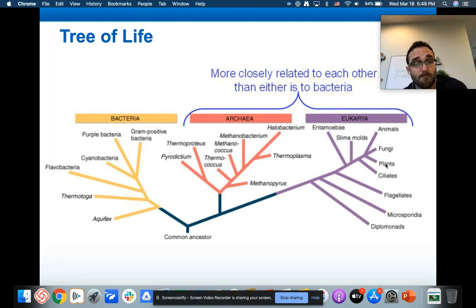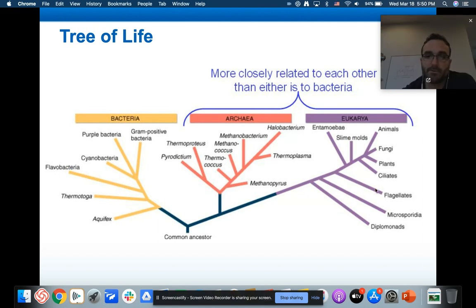Remember, the plant-like ones most likely had organelles such as chloroplasts, and they were able to photosynthesize. And then animals is right here. So here are our four kingdoms. Remember, we have protists, animals, fungi, and plants.